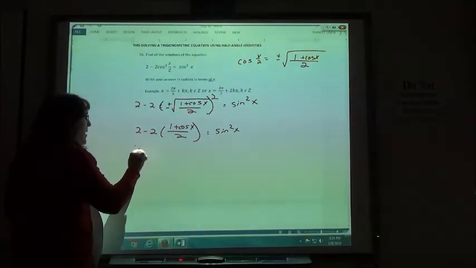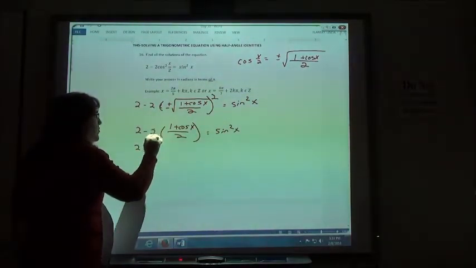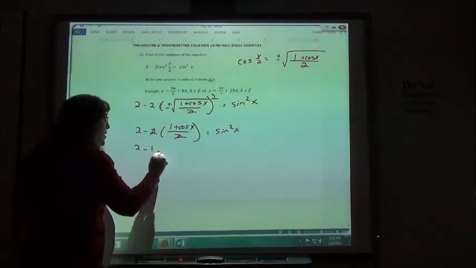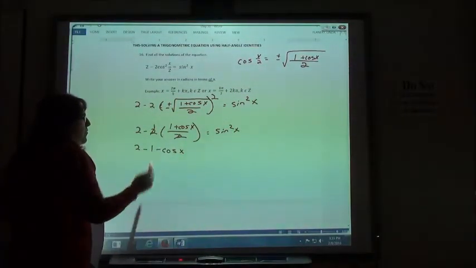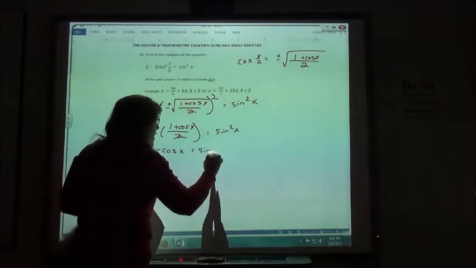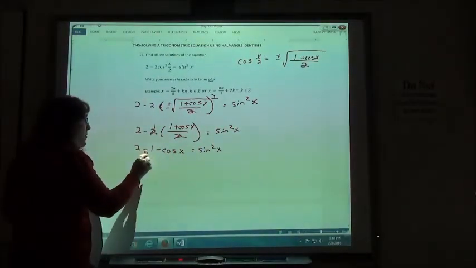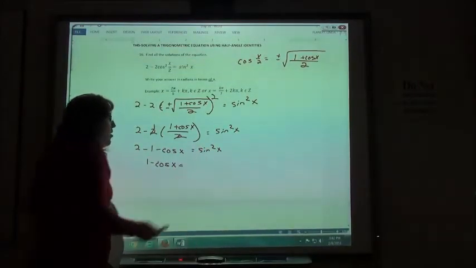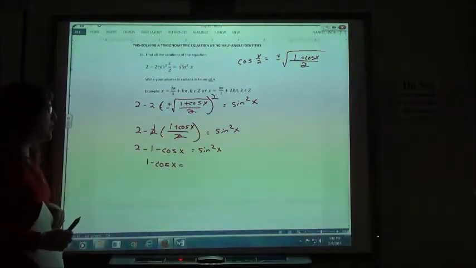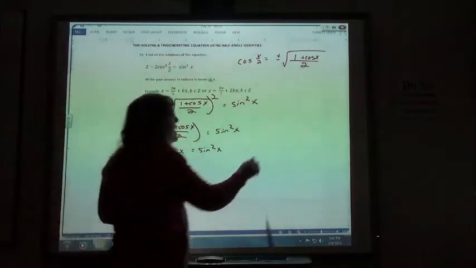So we get 2 minus, this would cancel this, 1 minus the cosine of x, because I use my distributive property, equals my sine squared of x. 2 minus 1 would give me 1 minus the cosine of x. Here, since I have sine squared of x, I want to use my Pythagorean identity.